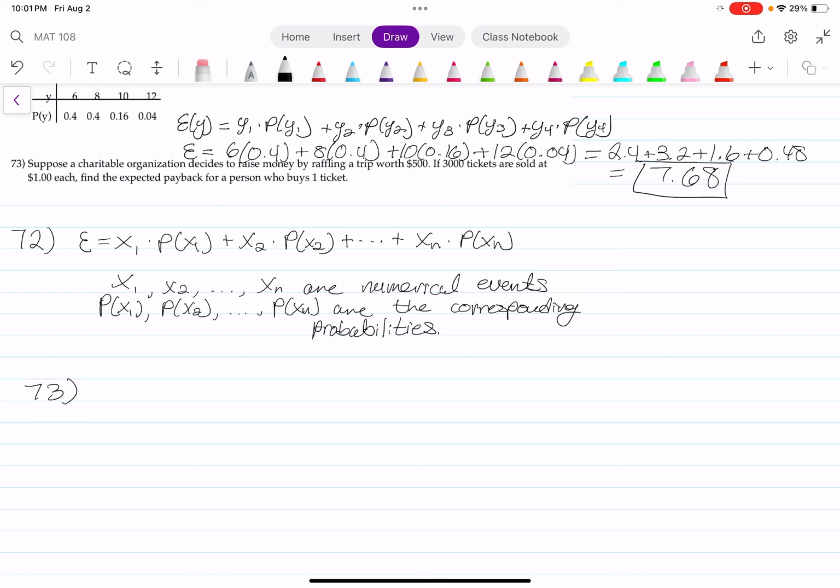All right, so there are two outcomes in this case. The outcomes are you win the trip or you lose the trip. If you win the trip, you win a trip that is worth $500. And if you lose, you do not get the trip.